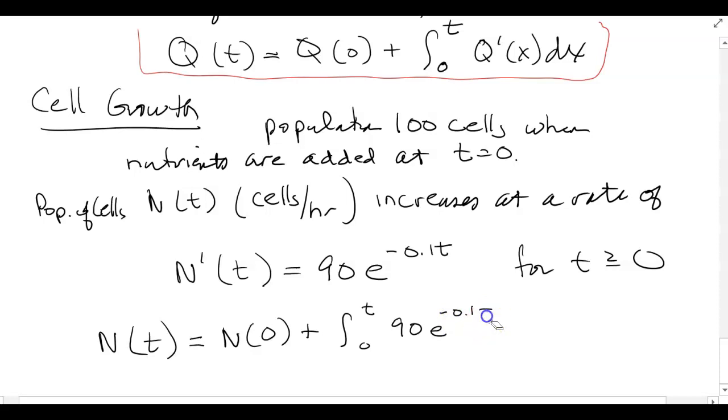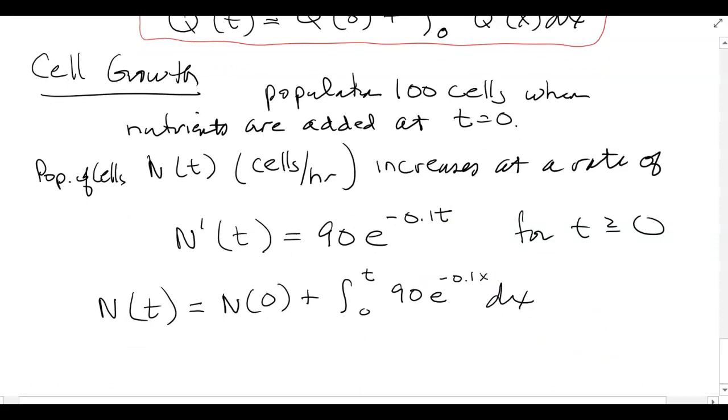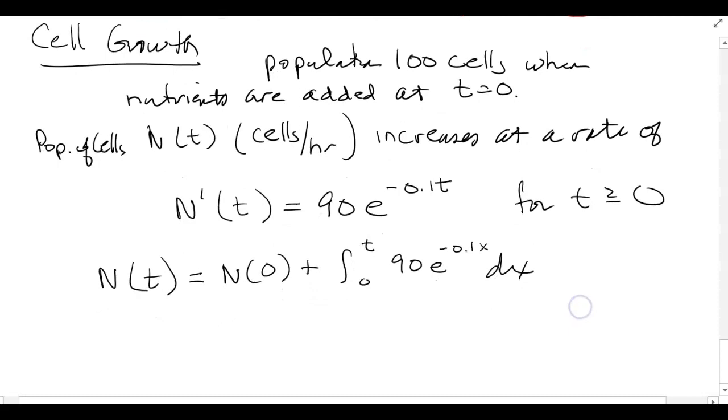We're going to change that because, again, because we're going from 0 to t, we just have to put x in as our placeholder here. And that allows us to solve it. We know this is 100. That was our initial value.